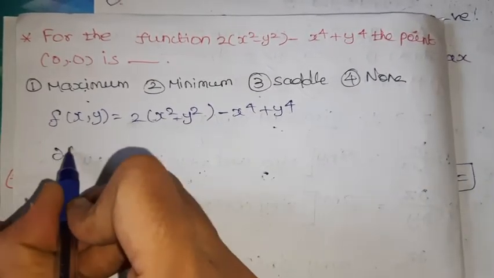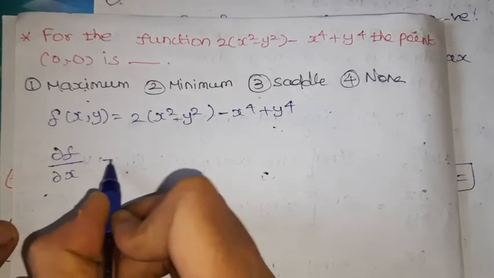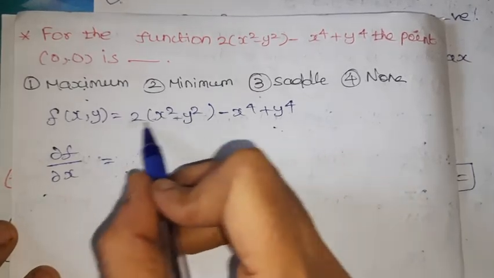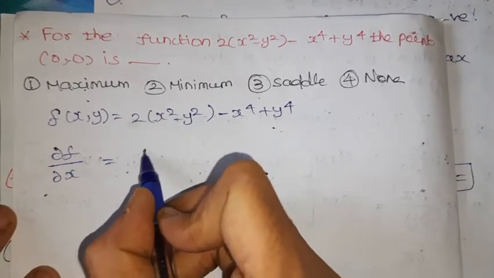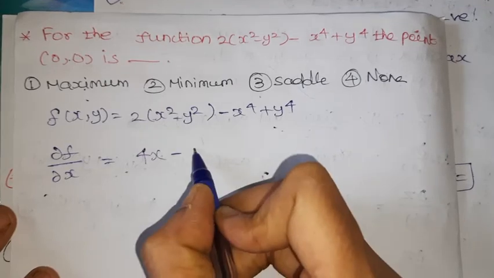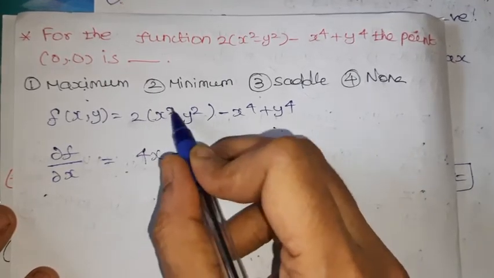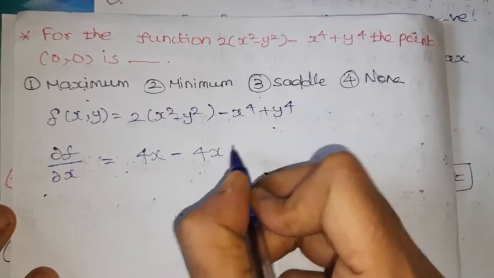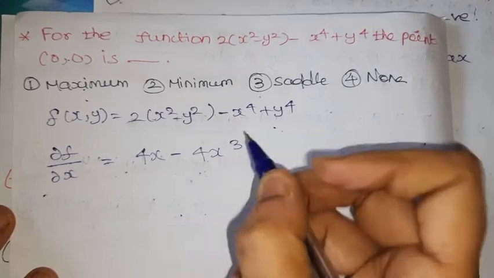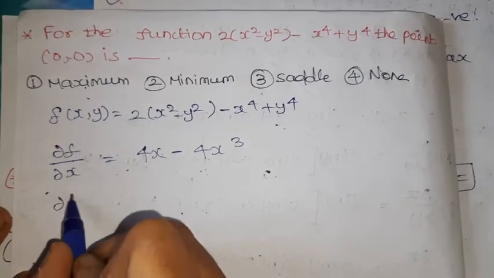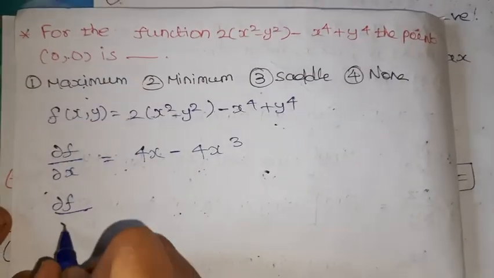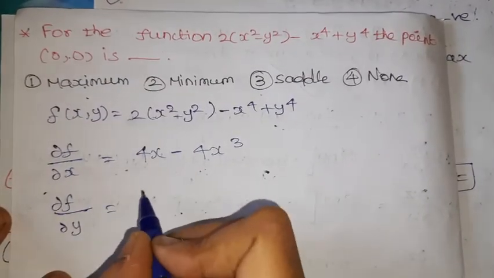First we need to differentiate with respect to x. Partially differentiating, 2x squared gives 4x, minus 4x cube. Then dou f by dou y, we need to find by partially differentiating with respect to y.